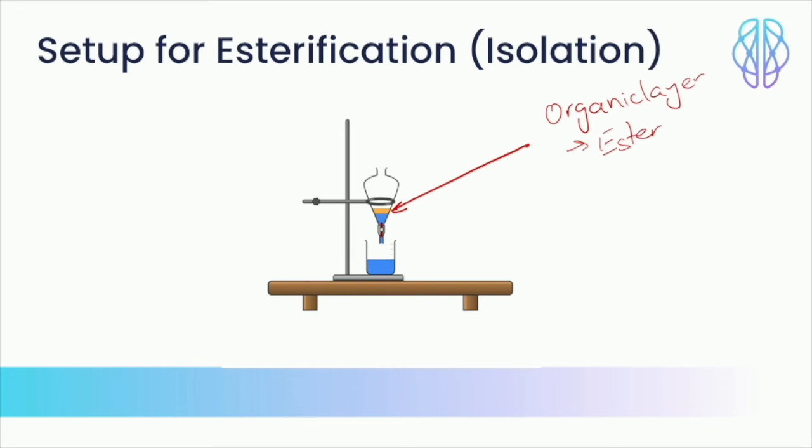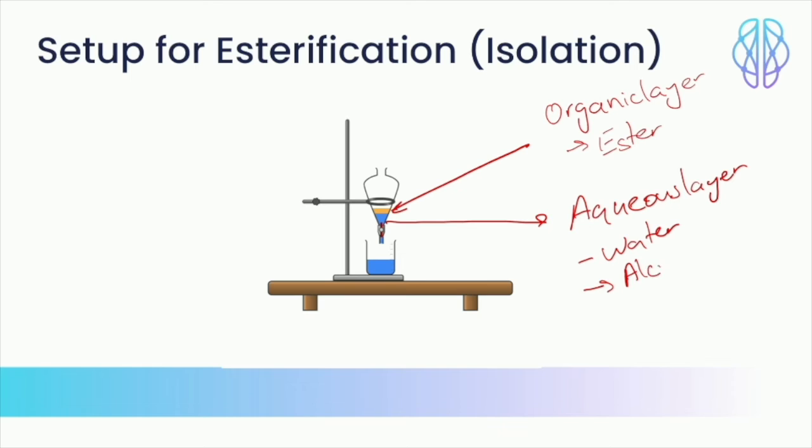The bottom layer is your aqueous layer. That contains the water. Dissolved in that water, you have the alcohol, and you have the soluble salts from the neutralization reaction of the sulfuric acid.